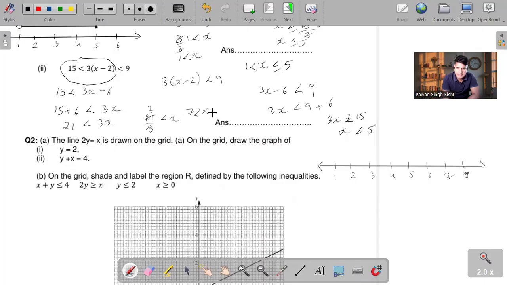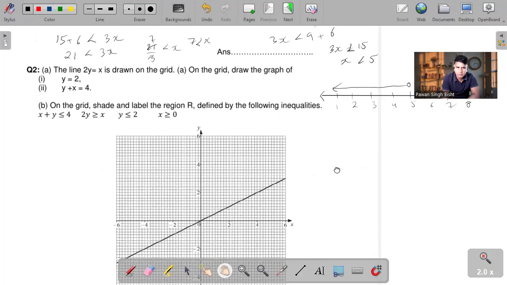You see, x greater than 7. So at 7 we have open balloon and it is going towards the right side of 7. And x smaller than 5, again at 5 open balloon and smaller than means towards the left of 5. Okay. So this will be my answer. Greater than 7, right side of 7, smaller than 5 means left side of 5. This is how we draw the number line.